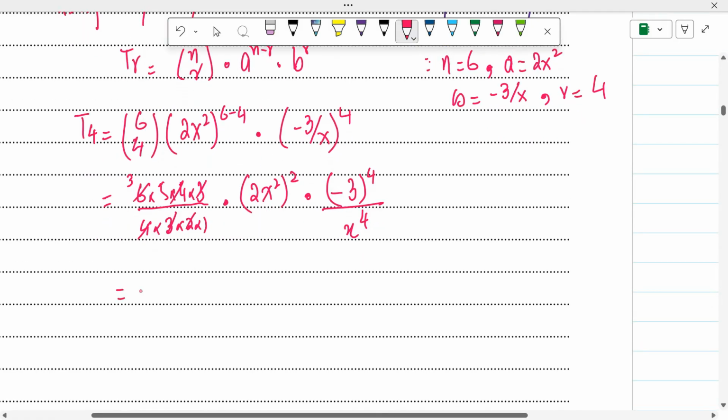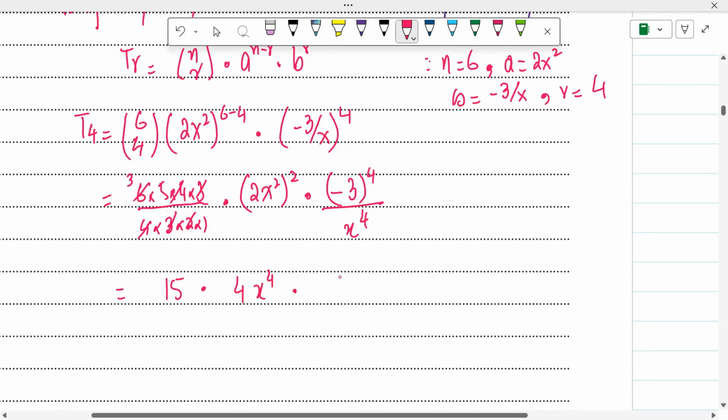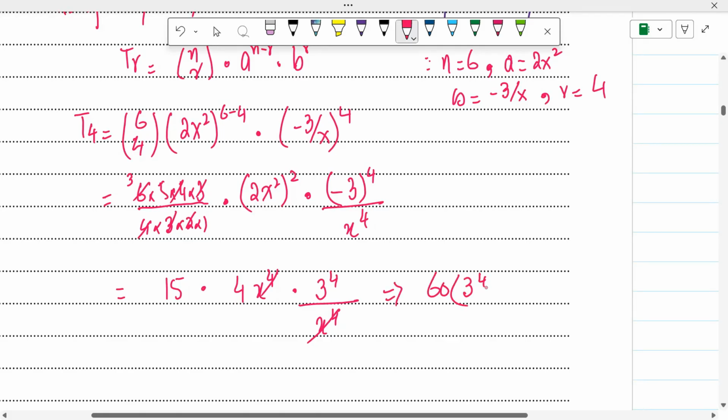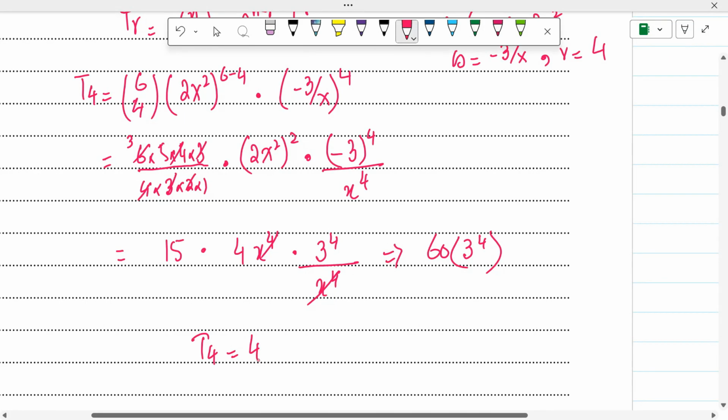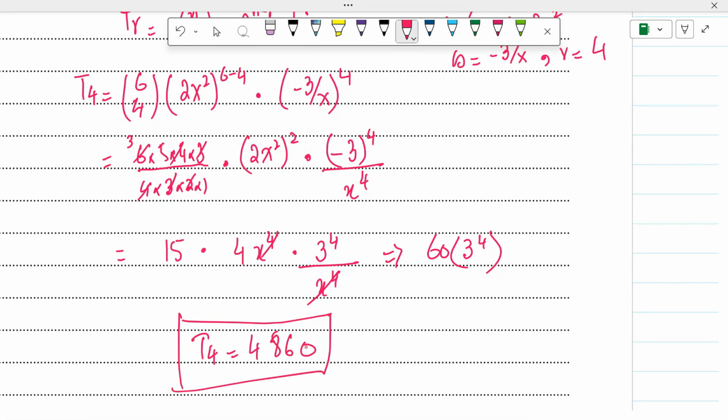So we will have 15 times 2 to the power of 2 is 4, x to the power of 4 times 3 to the power of 4 over x to the power of 4. So x to the power of 4 will be cancelled out, and we will have 60 times 3 to the power of 4. Solving further, we will have 4860. So this term is free from x, or independent of x.